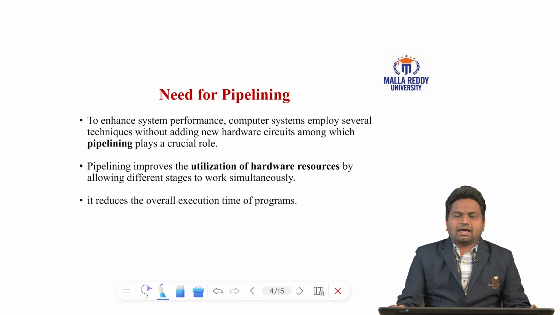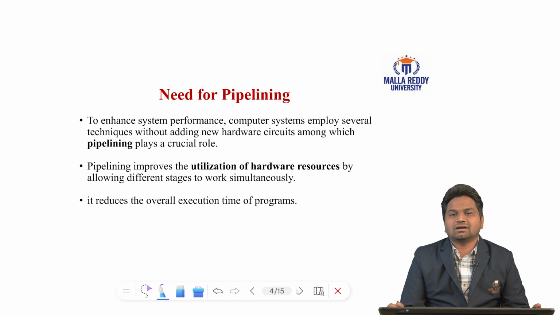Need for pipelining. Actually, it is to enhance processor utilization. Enhancing processor utilization can happen with the help of two methods. The first one is the addition of different kinds of hardware circuits. Everyone wants to improve system performance, and everyone expects good system performance.